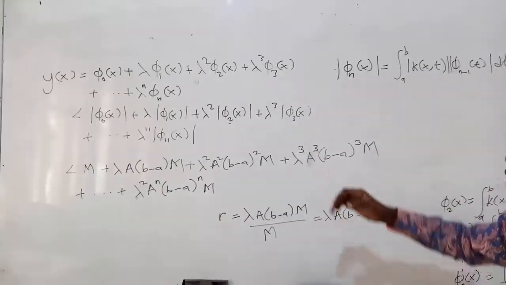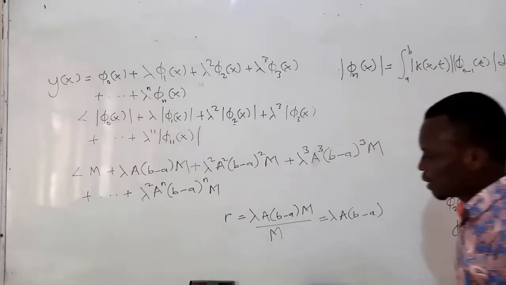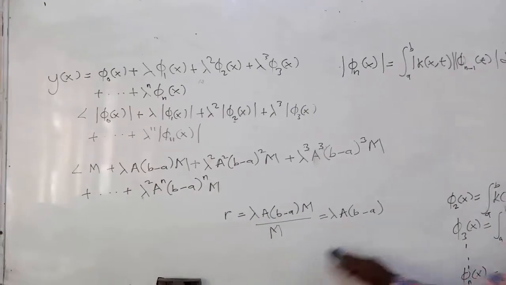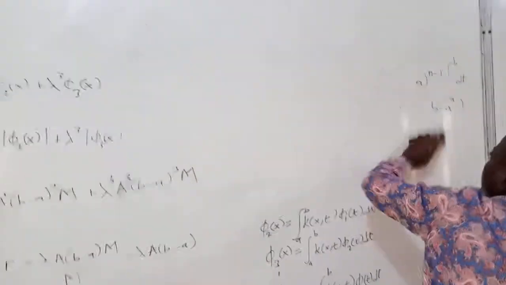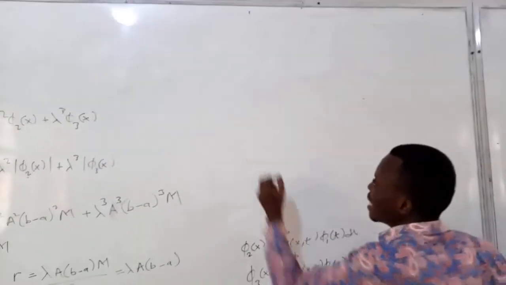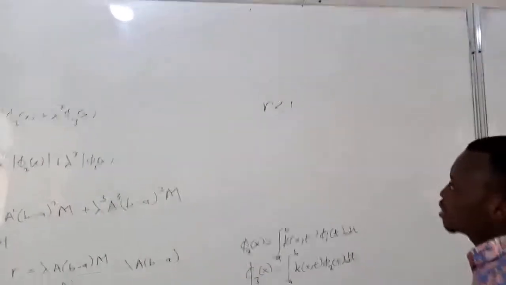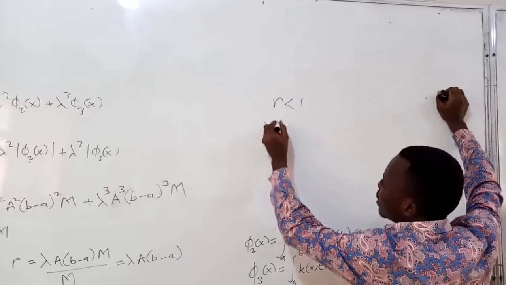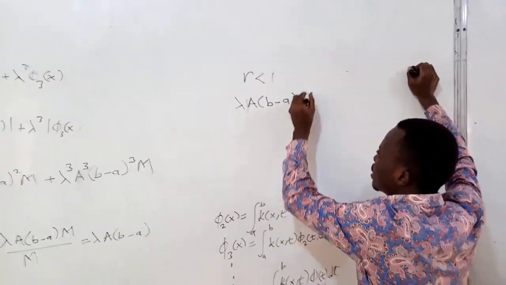For the series to converge, the ratio of progression must be less than 1, which implies that lambda a, bracket b minus a, is less than 1.